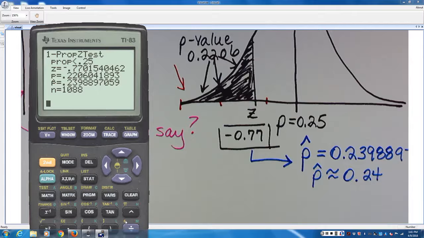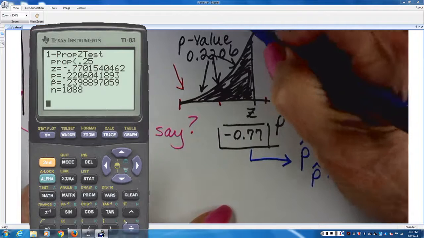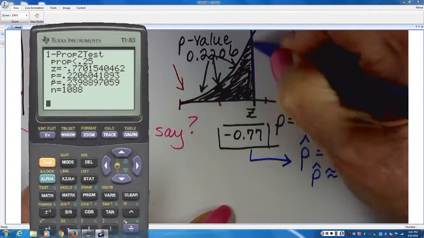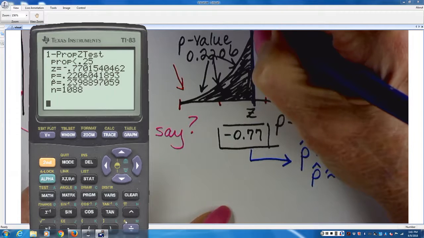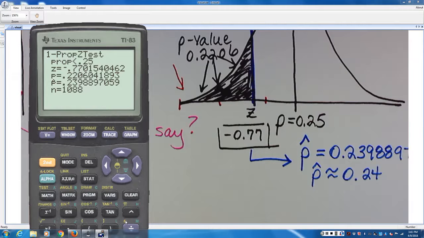It's not much less. It would have to be more like maybe 0.20 or 0.21. It would have to be a lot less than just 1 percentage point less for us to be able to reject H0. Okay? So that p-hat value is the borderline here that corresponds to that Z-score.